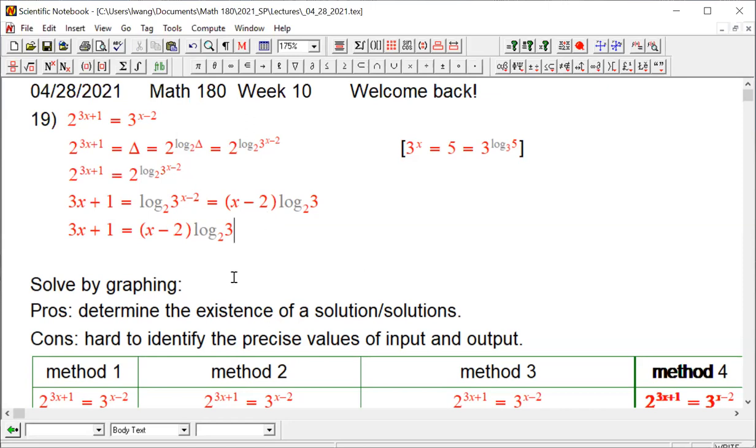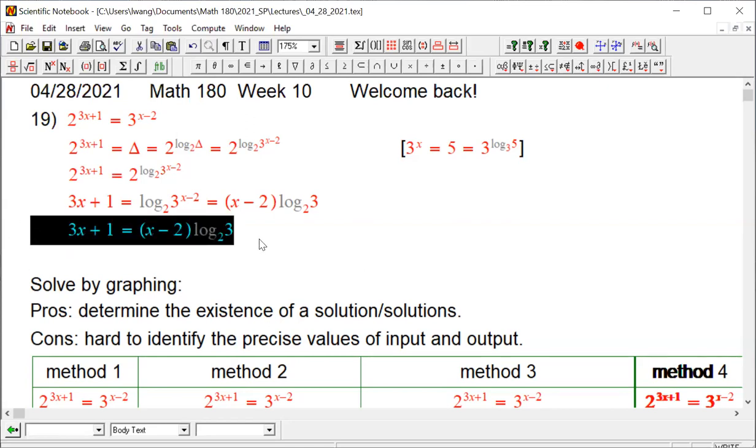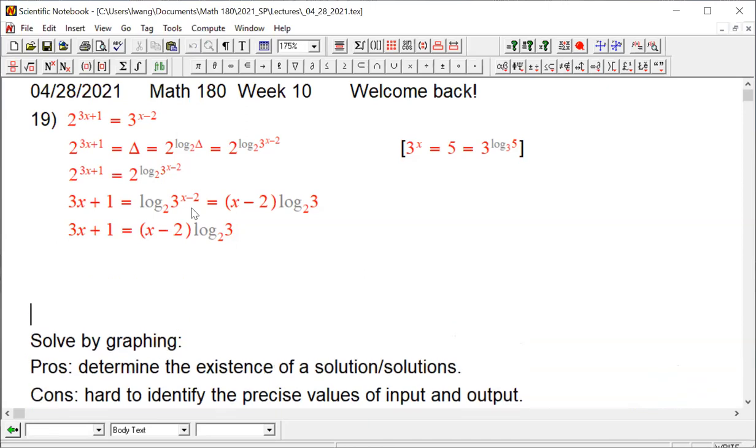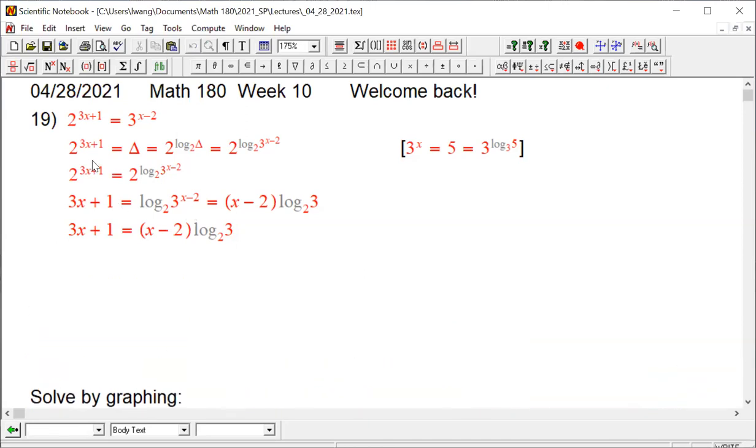I try not to spend too much time here, but I still want to give you some guideline because a lot of our students tend to go this route. They will take a log base 3. Let me finish this, and I will show you what method 4 leads to.